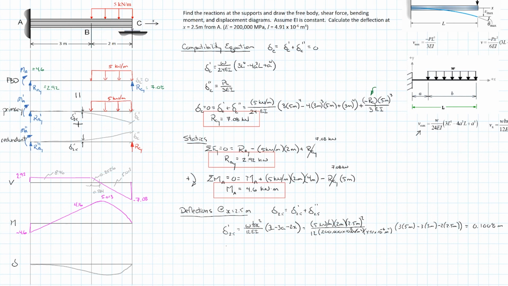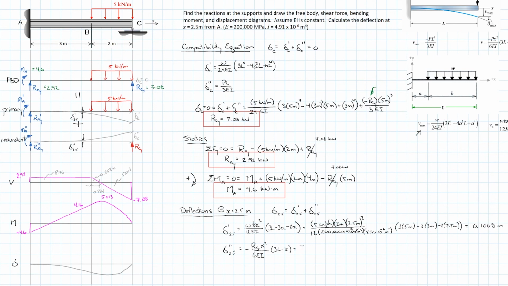And then we need to go back and calculate delta 2.5 double prime, and that's equal to negative RCy multiplied by x squared all over 6EI, times, sorry, I missed a part there, x squared multiplied by 3L minus x.